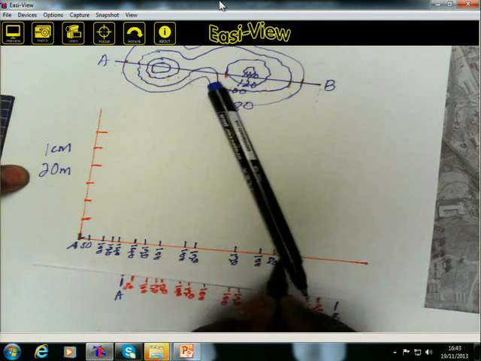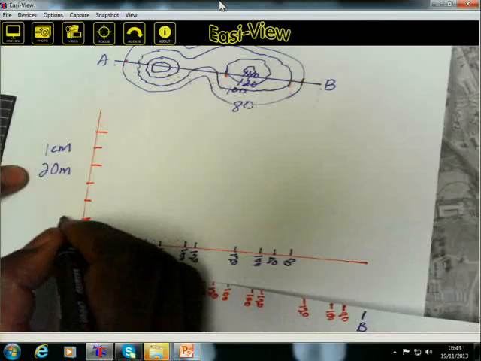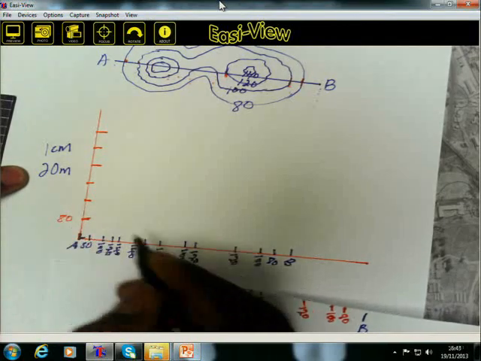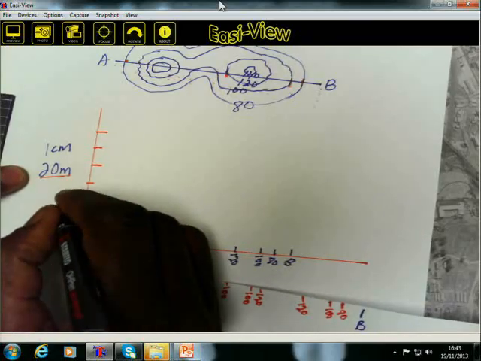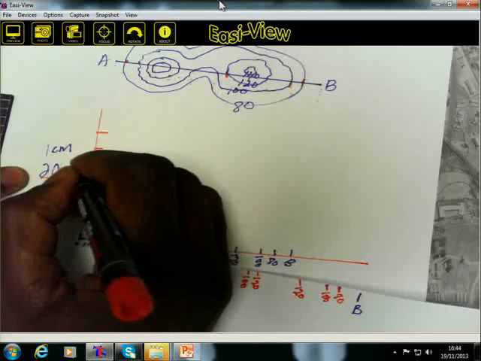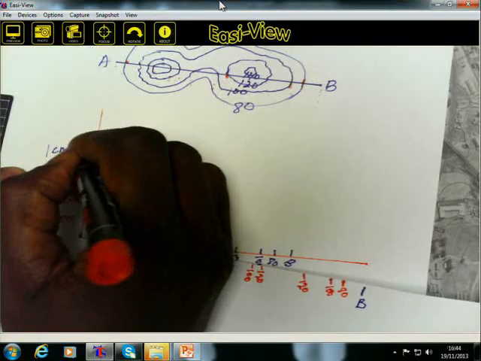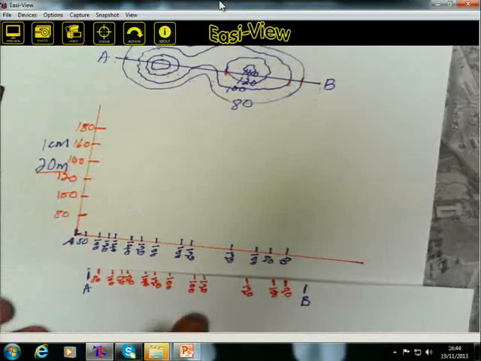The lowest value on your x-axis is 80, with an interval of how much? An interval of 20: 80, 100, 120, 140, 160, 180. The highest, did I accommodate it?